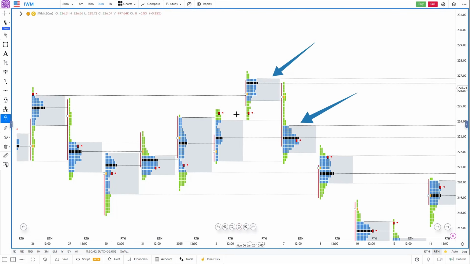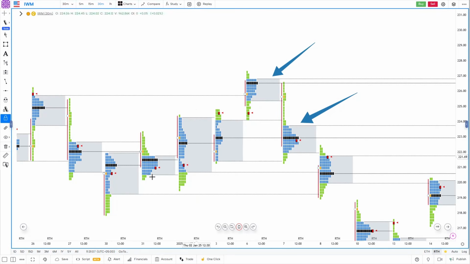So as other participants were in the market for IWM, they were buying less and less at the 225, 226, and 227 price tags. Other participants say IWM is not worth 227, not worth 226, and not worth 225, but it potentially could be worth 224, maybe.